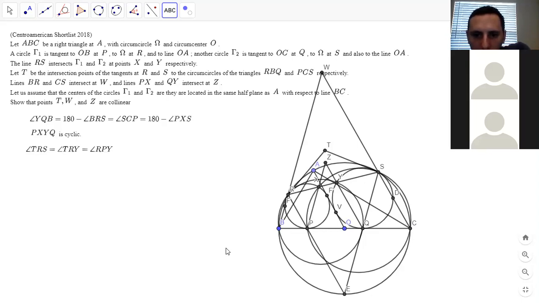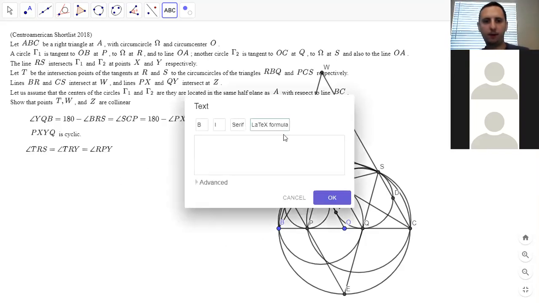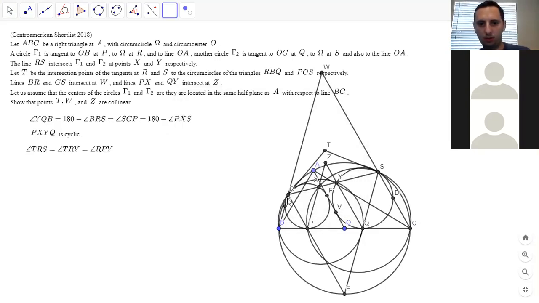So RE. So I'll say R is the midpoint of arc AB. We will use the perpendicularity here, I guess.